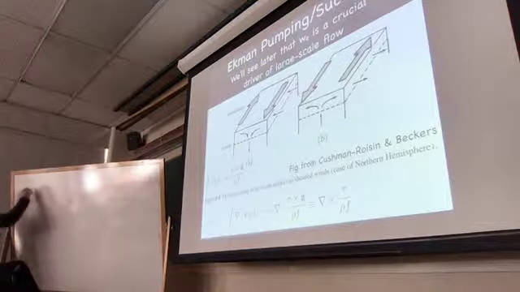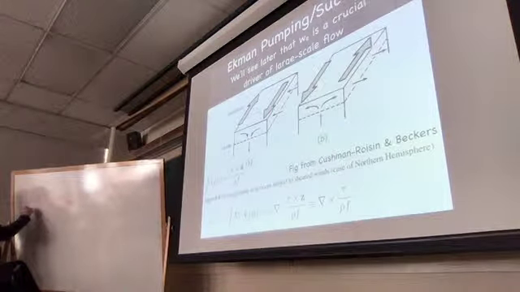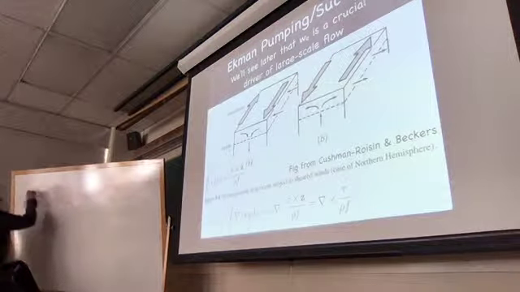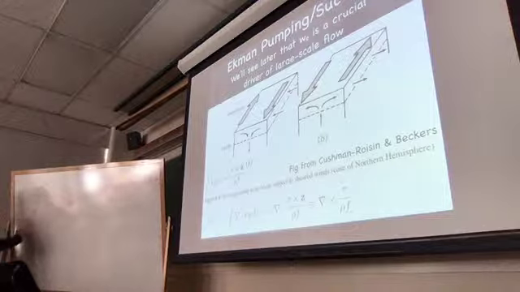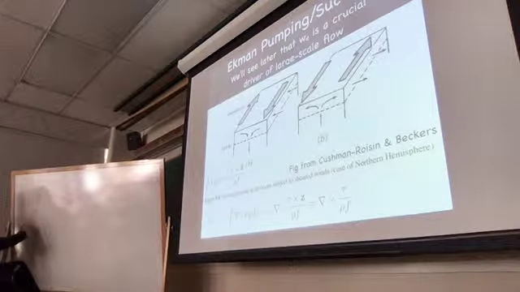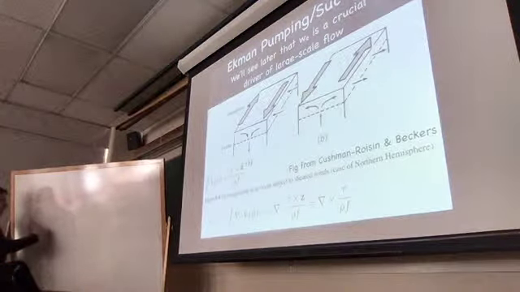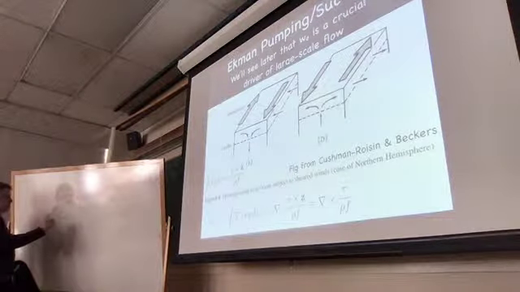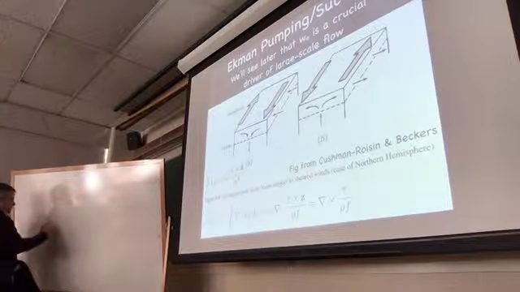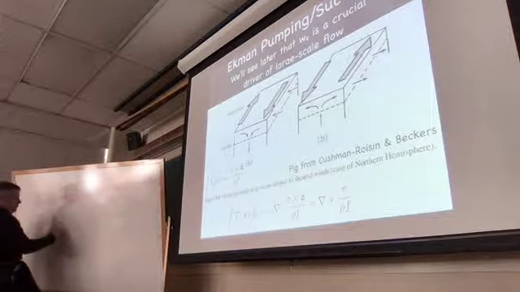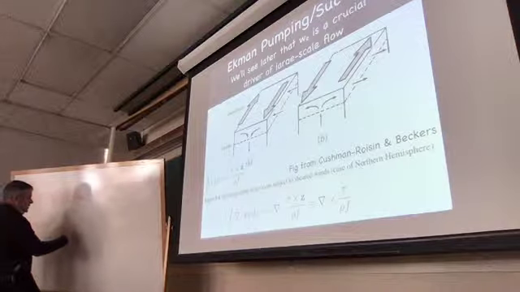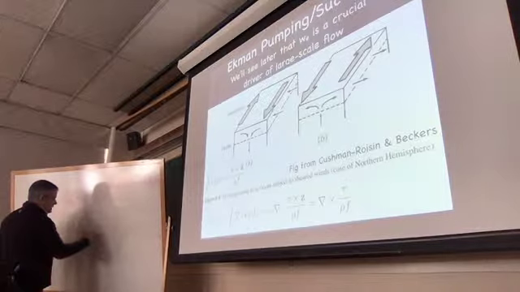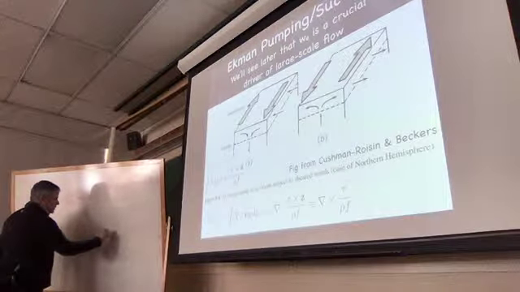Integrate in z. So if I integrate this, the surface z is just 0. Then I get, wow, look, the integral of d by dx of u plus d by dy of v, let's do it in 2 steps, dz, plus w at z equals 0 minus w at z equals minus h equals 0.